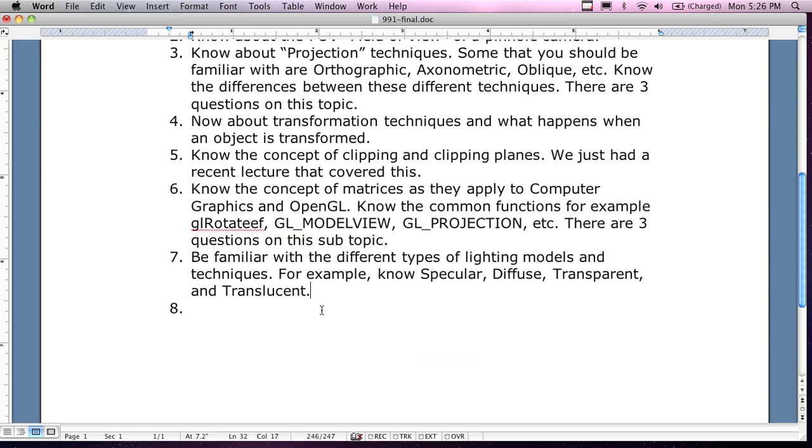So hint, hint: the words that you're going to be matching up with the pictures are specular, diffuse, transparent, and translucent. Practically giving you that question. So know what those are. Have a visual. Know what they look like. In fact, I'll show it to you.